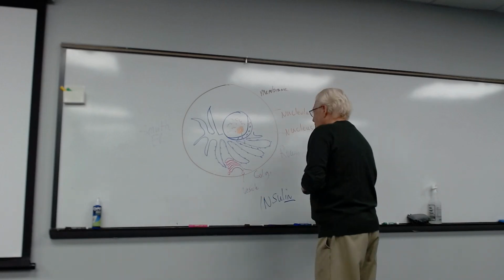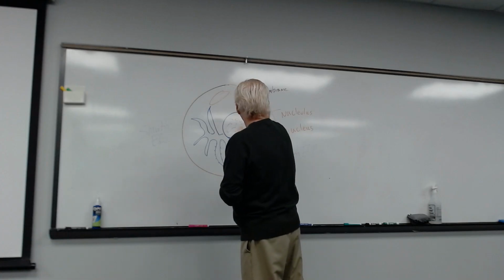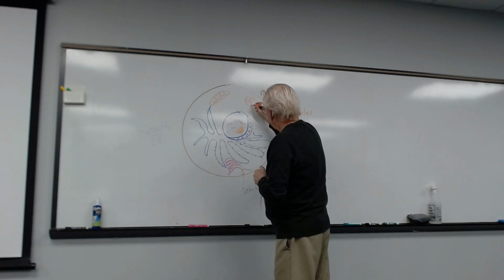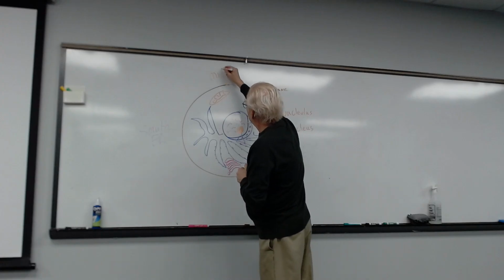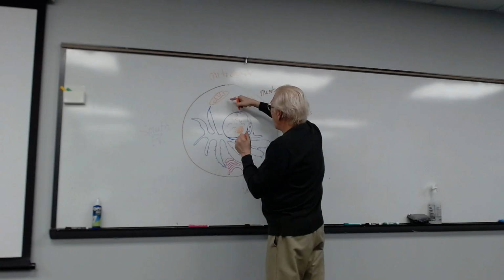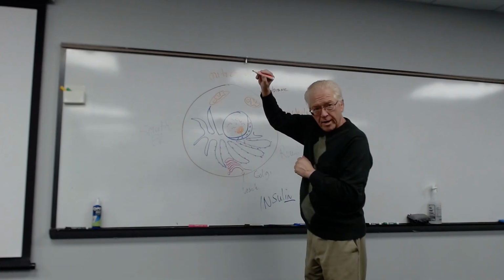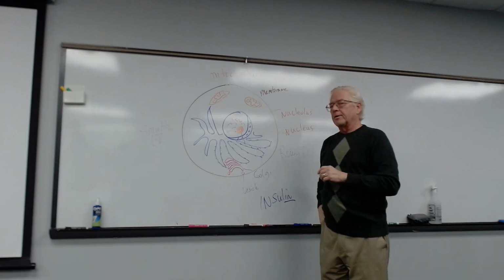One of the most important things, these guys, they look like a membrane with an outer membrane and an inner membrane. These are mitochondria. One is a mitochondrion, plural mitochondria. What is the purpose of the mitochondria?